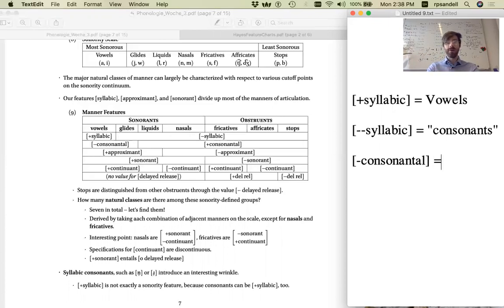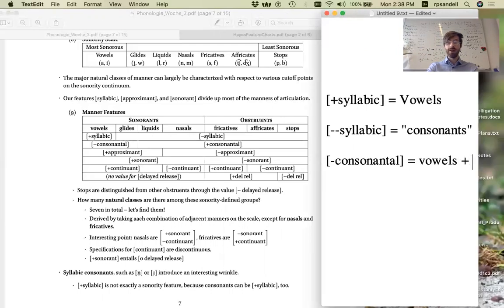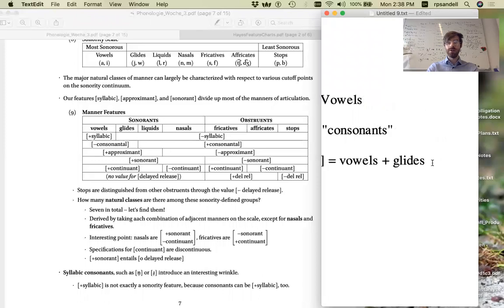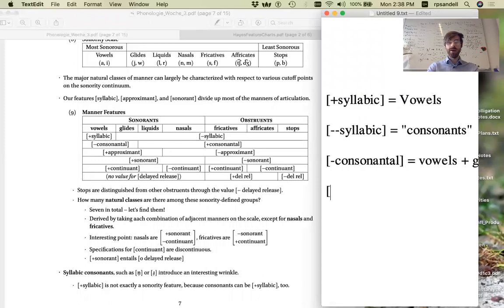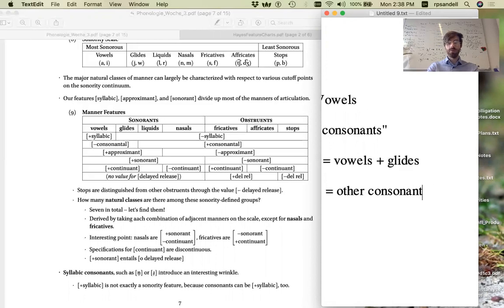So for that reason, vowels and glides are given the feature minus consonantal. So we have this natural class of vowels and glides that are non-consonantal, whereas all of the other consonants will be plus consonantal, so the liquids and all less sonorous manners of articulation.